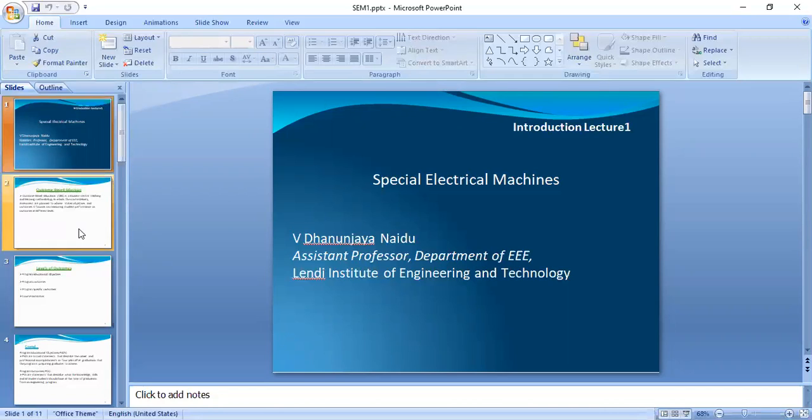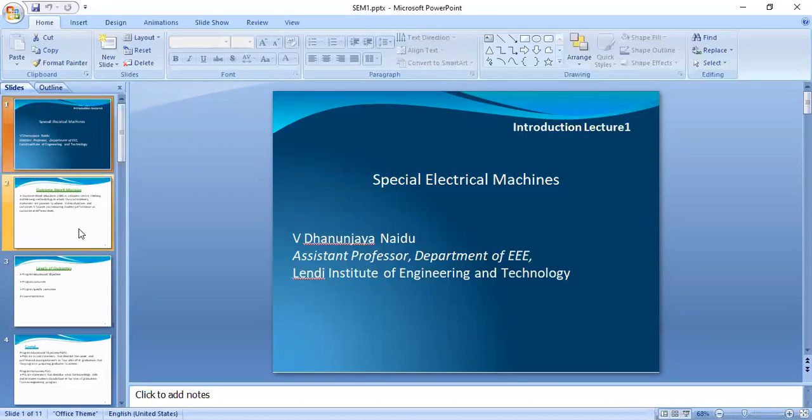Why do we call them special electrical machines? Because these machines are used only for special purpose applications, where we require small power ratings and low speed, only there do we use these machines.